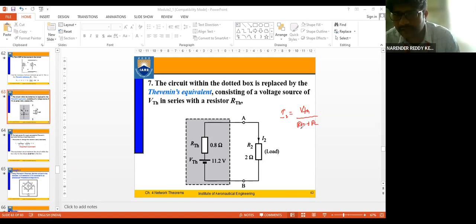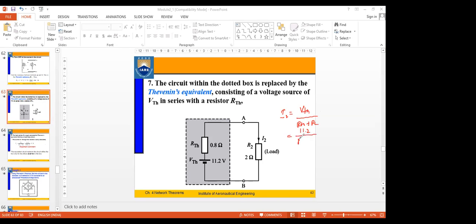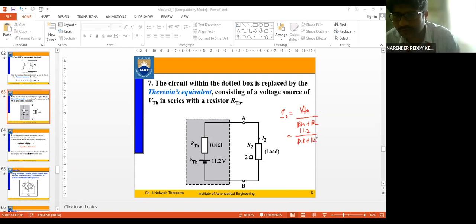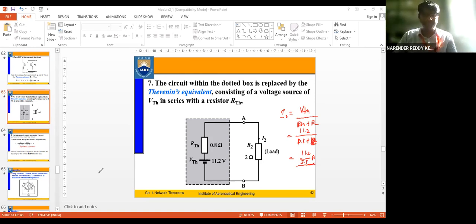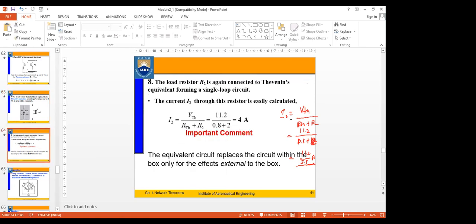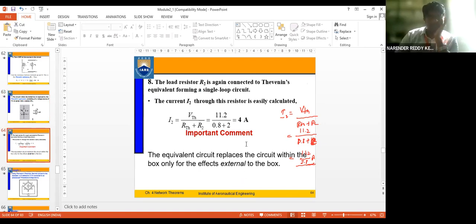So what's the value you are going to get? 11.2 divided by 0.8 plus 2 ohms, which is 11.2 by 2.8 amperes. Is the value okay? Yes, sir. 4 amperes. The resultant will be 4 amperes.